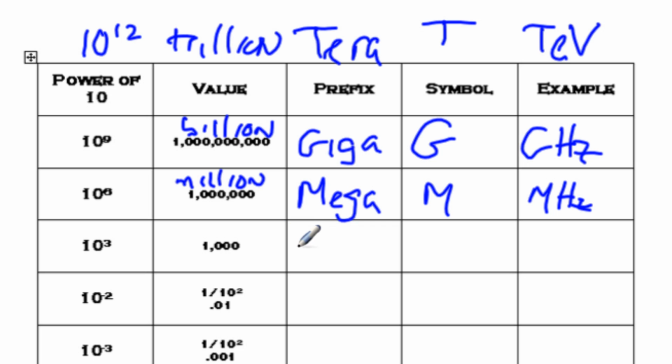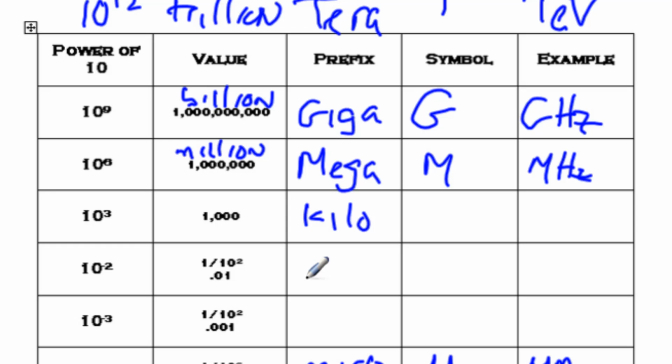Okay, so 10 to the third, as you know, is 1,000, or kilo. 10 to the minus 2, or 1 over 100, is going to be centi. And 1 over 10 to the third, or thousandth, is going to be milli.